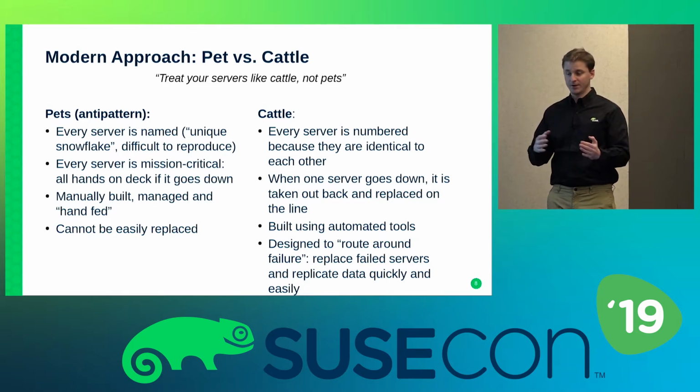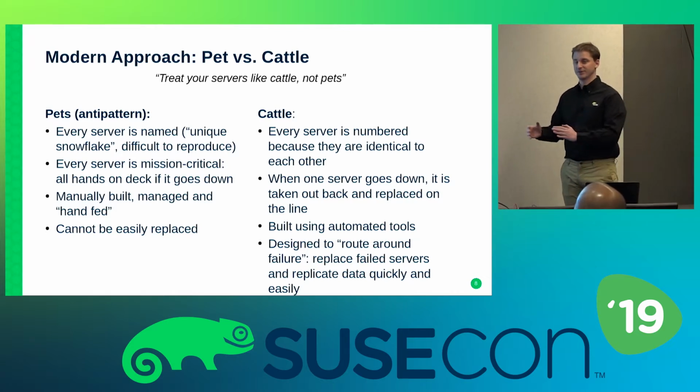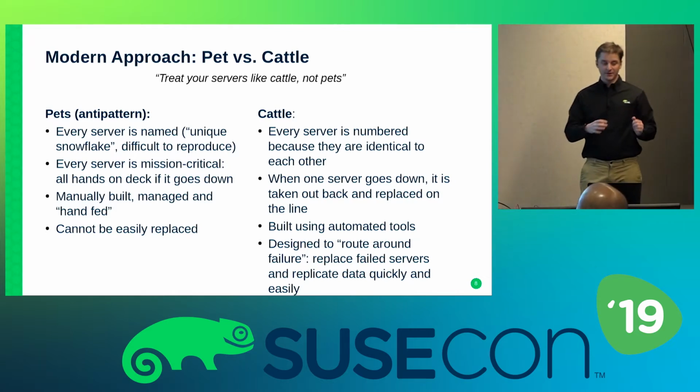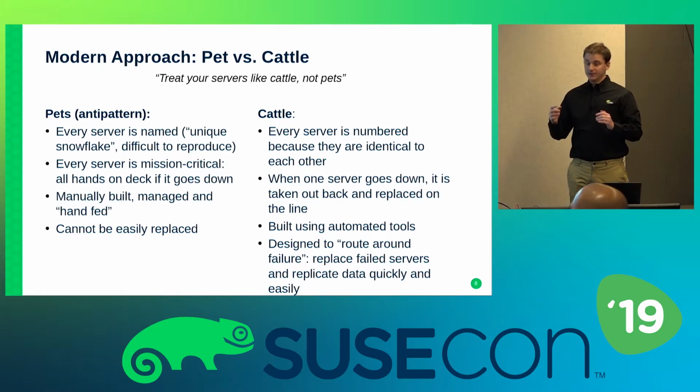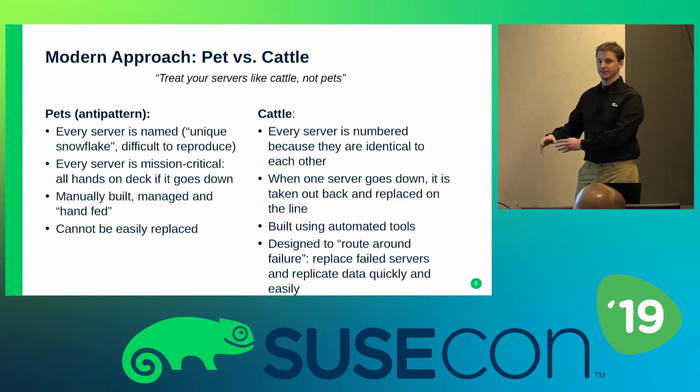You can't tell the difference between each server. When one server goes down, it gets replaced on the line: you take it out and you take another one in to replace the sick one.